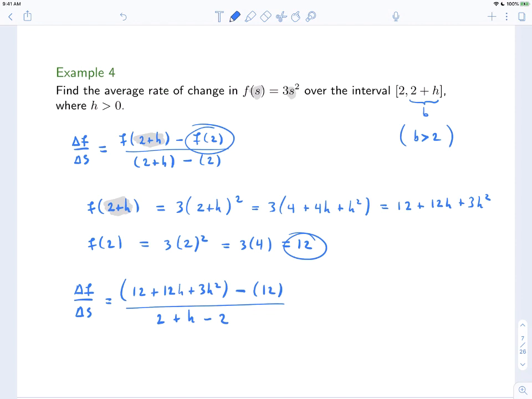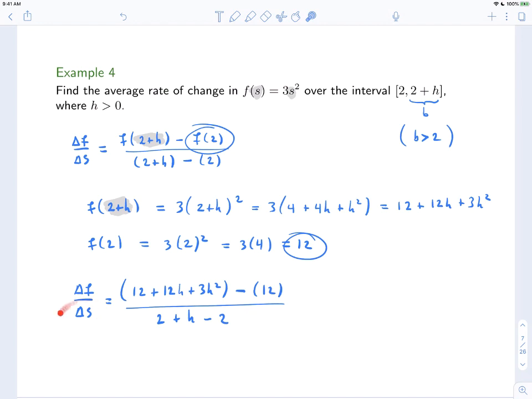The nice thing about writing our larger number as 2 plus h is that this h is the difference between the two. So we're starting at 2 and we're going to 2 plus h. That means we're increasing from 2 to 2 plus h, so the difference between them is h. So h is that difference between them, and you can see that right here.